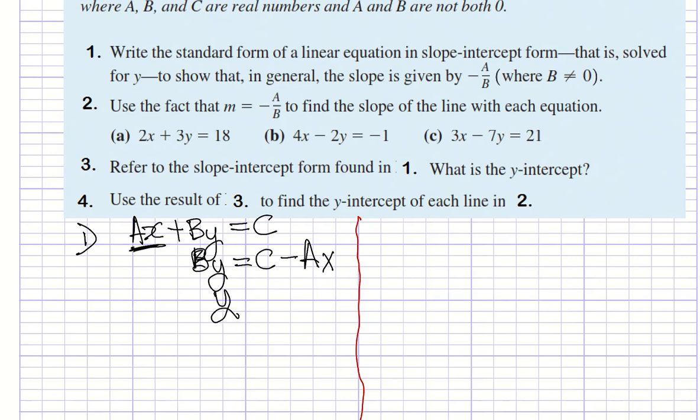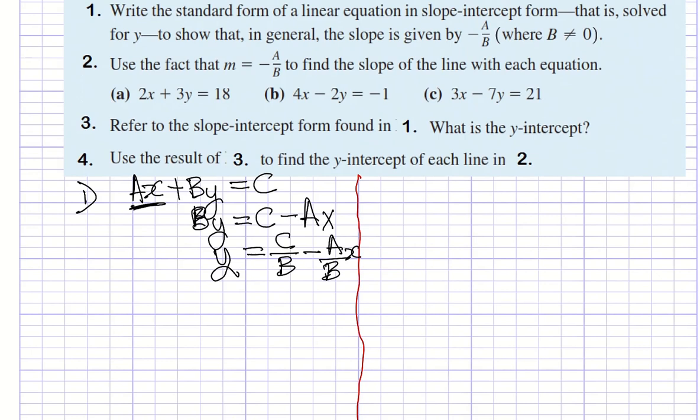So y becomes c over b minus a over b, and then you still have x there. You see that, right? Because I divided everything by b. There's no magic there.